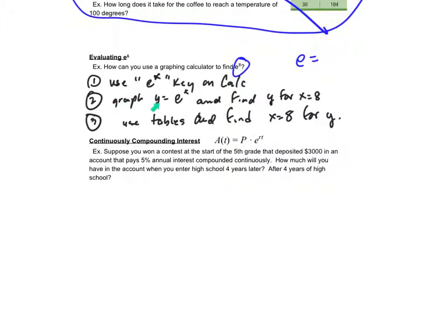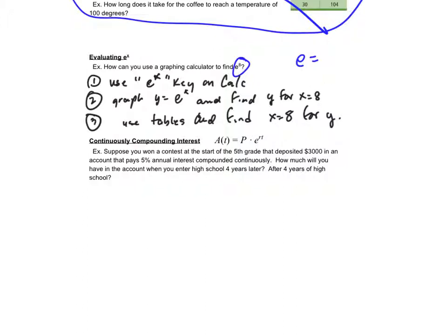Another way is to graph y equals e to the x and scroll down your table data for the value of y when x is equal to 8, or you can hit trace, enter, and it will bring it up. Then you press the number you want. And then, of course, you can use the tables that I just mentioned to find when y is some number, when is x. So that is just practice putting this into the calculator because we have never worked with E before.